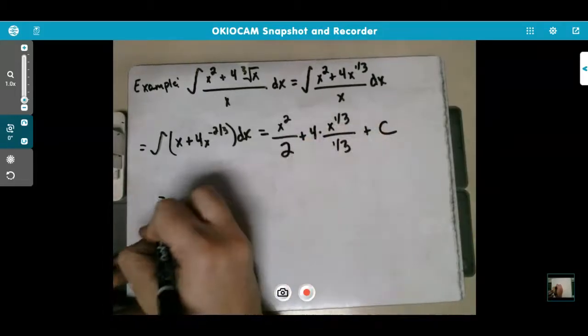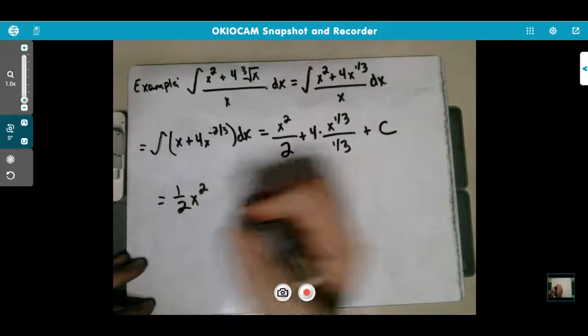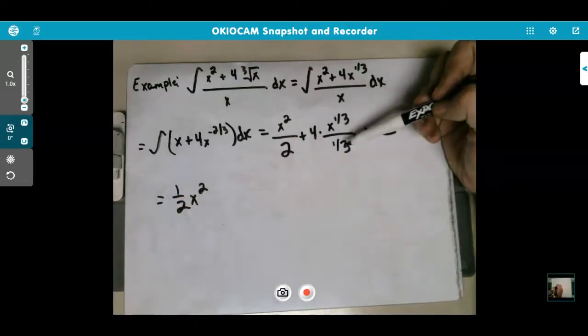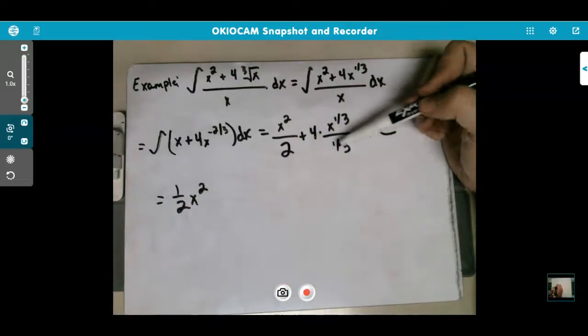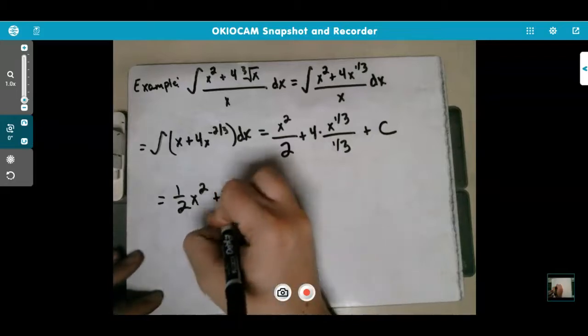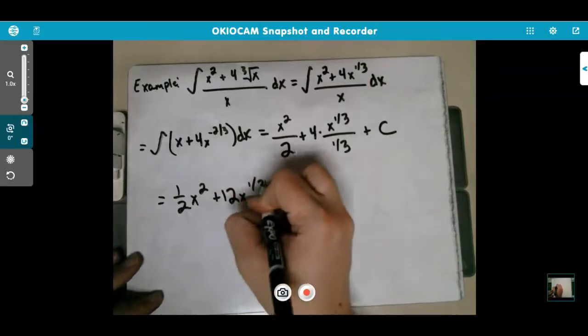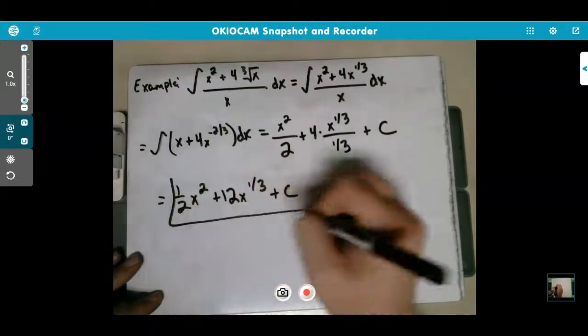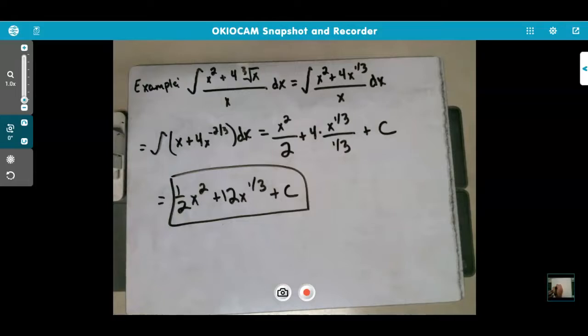I can rewrite this first term as just 1/2 x squared. 4 divided by 1/3 is like saying 4 times 3, so that's plus 12 times x to the 1/3, plus c. So again, it's exactly like taking the derivative, but going backwards.